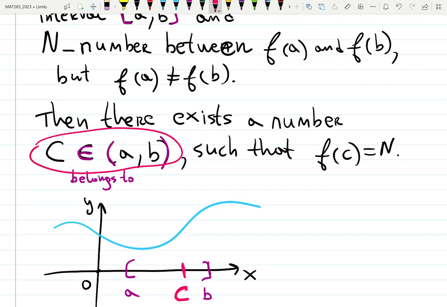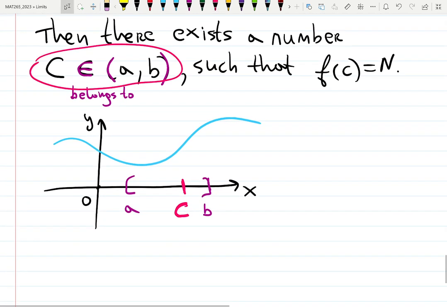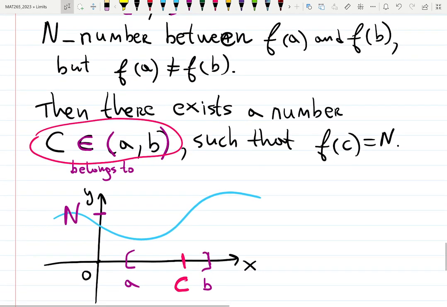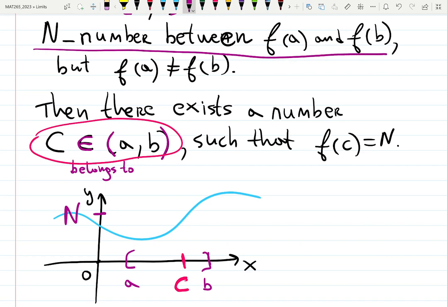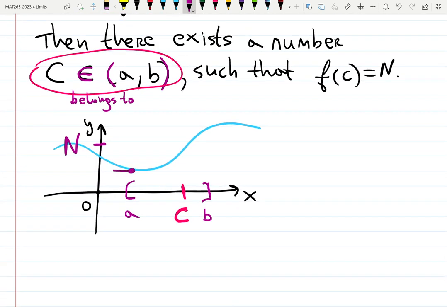We don't want to have endpoints. Then we're going to have N first. Here's my N. N is between two heights. N is between f of A and f of B. Here's f of A. Here is f of B. Keep going.